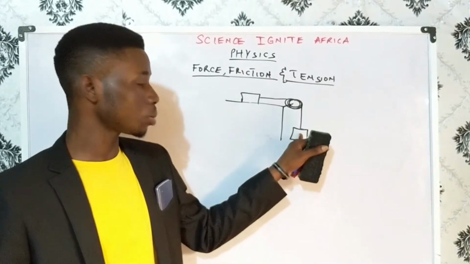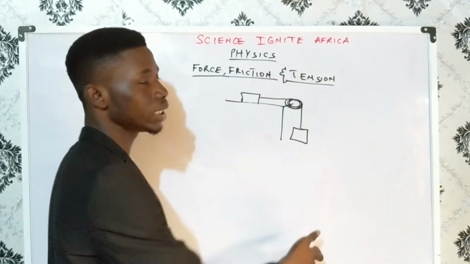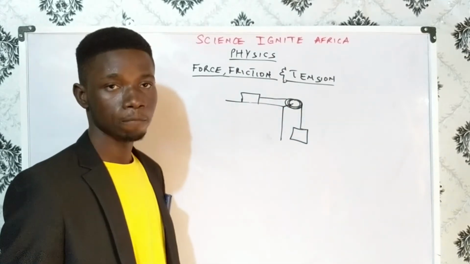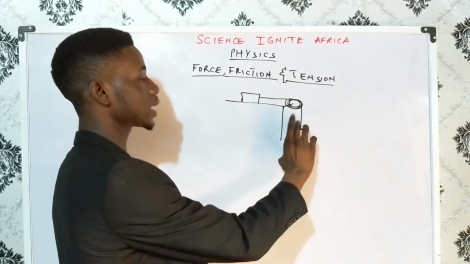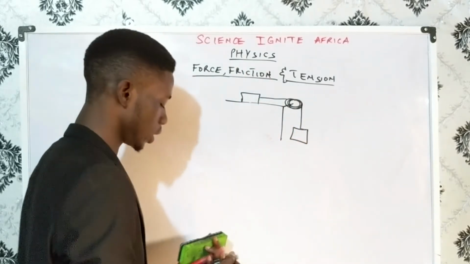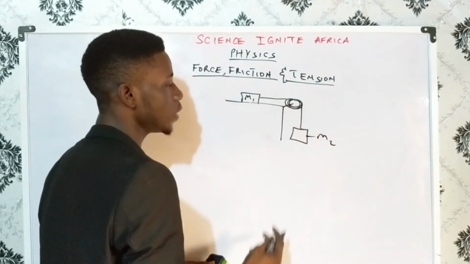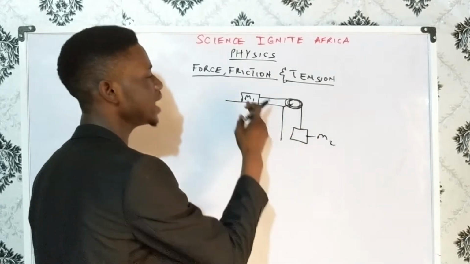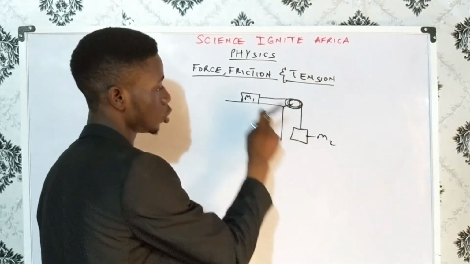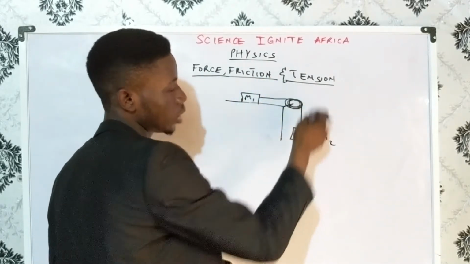But this object that is hanging actually has the capacity, the tendency, of pulling this thing downward to itself. Why? Because it is allowed to fall freely. So even with the slightest change in mass, if this is M2 and this is M1, and M2 is just slightly greater than M1, then you will see that M1 will actually slide on this surface.